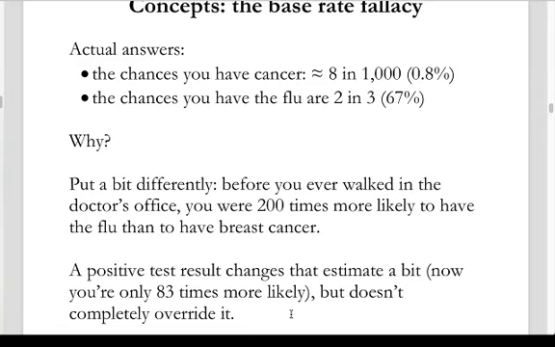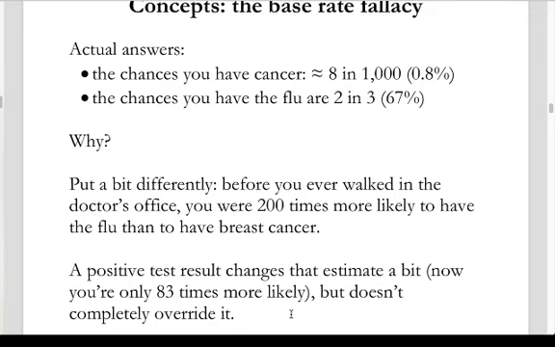Well, it changes those numbers a little bit. It's certainly not as asymmetrical now as it was before. So now, what the Bayesian approach tells us is it's only 83 times more likely that you have the flu than that you have breast cancer. But it doesn't completely override the prior.